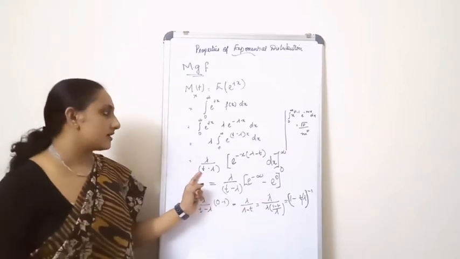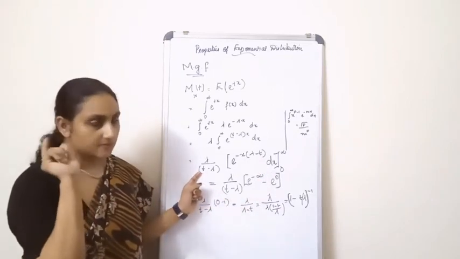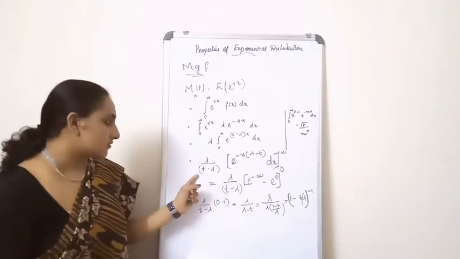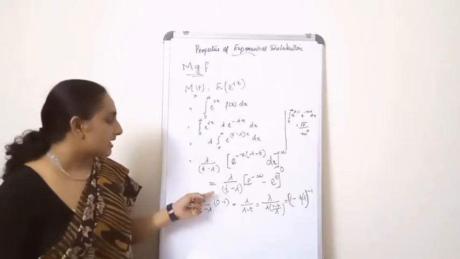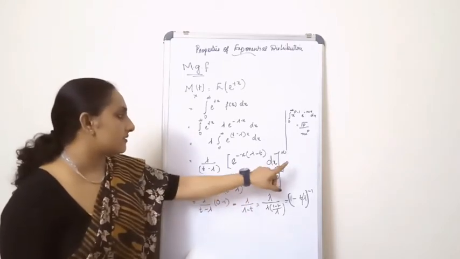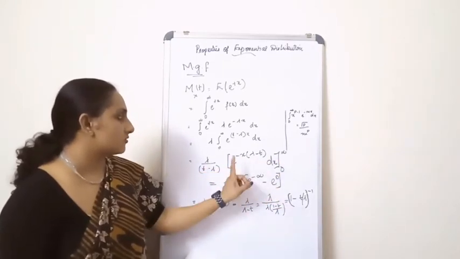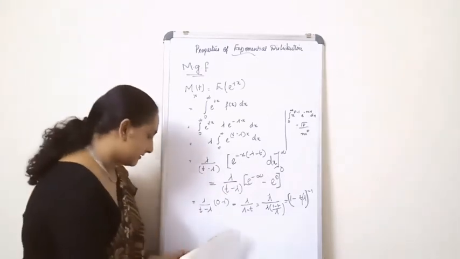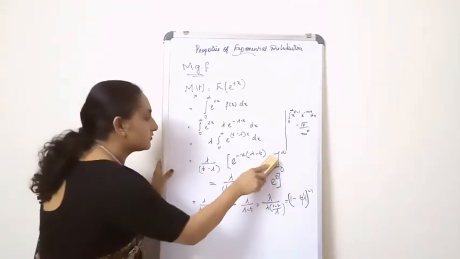I hope you all know how to integrate e raised to tx. So I'm applying that over here, divided by t minus lambda. Now that is equal to lambda divided by t minus lambda times e raised to, now I'm applying this infinity and 0 to this. I'm sorry, here you don't have a dx.